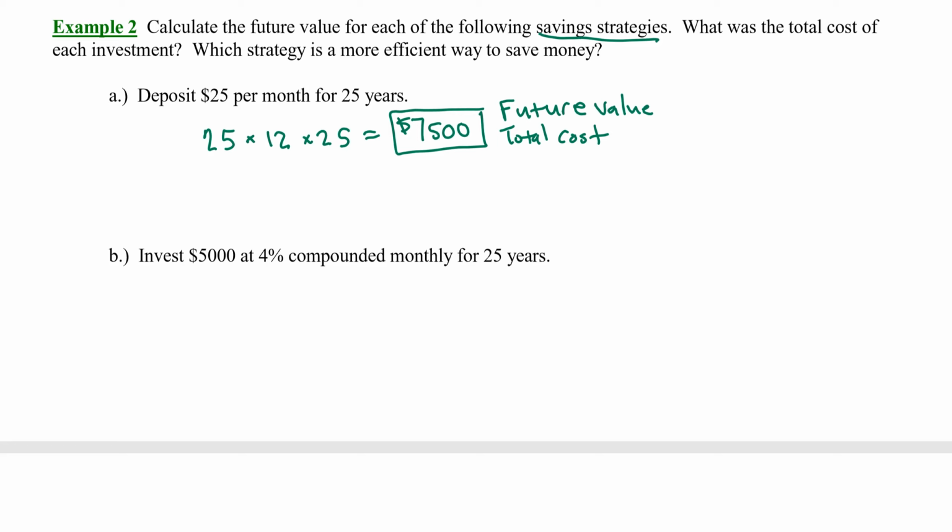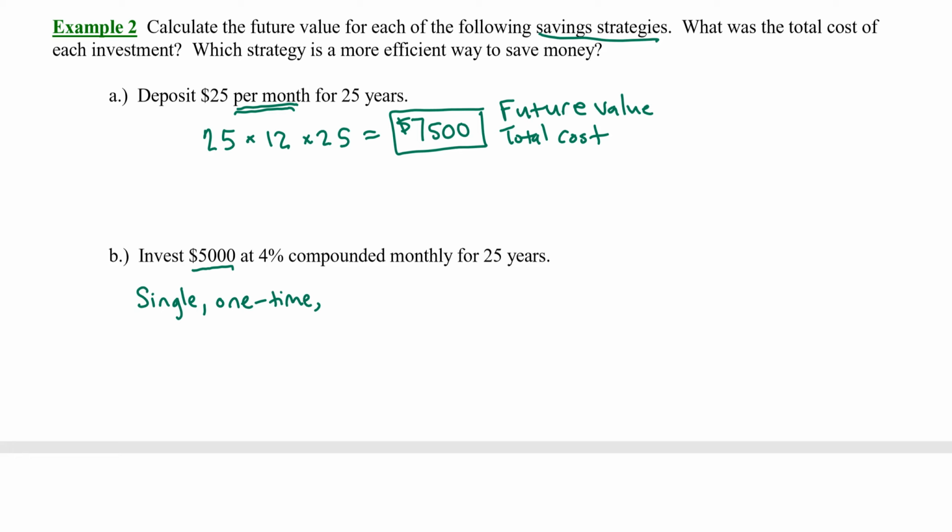You're going to invest $5,000 at 4% compounded monthly for 25 years. Do you notice how this one's different? In strategy A, you did this every month for 25 years. In strategy B, you're going to make a single one-time lump sum deposit.